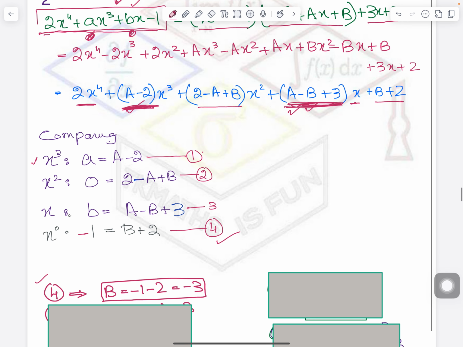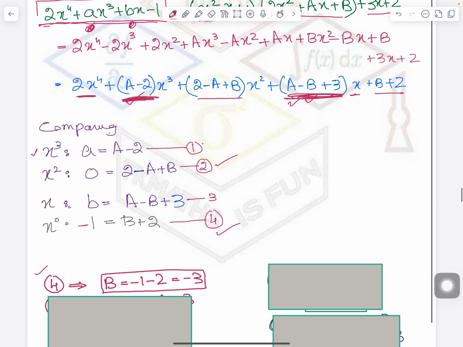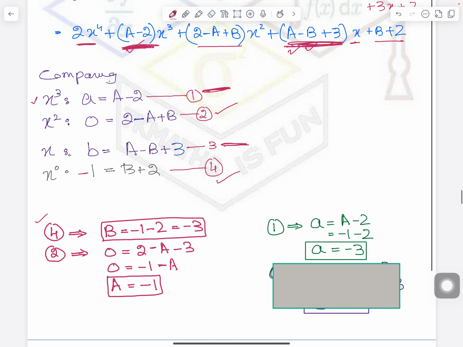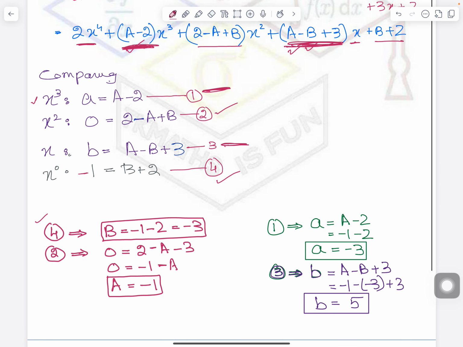I got the value of capital B. Then I will use equation 2 to get the value of capital A. You can see here. So the target was small a and b. So now I will use equation 1 and equation 3, right? So I got the value of a as minus 3 and the value of b equal to 5. So this is the second method.